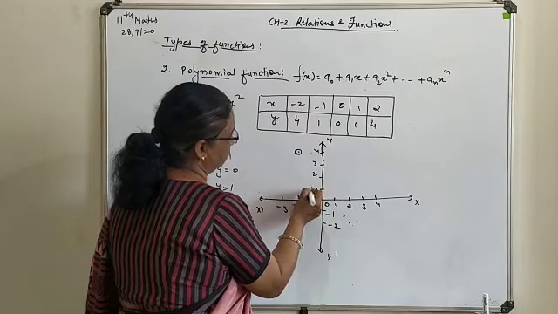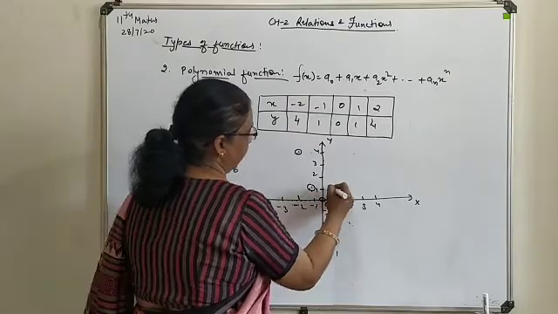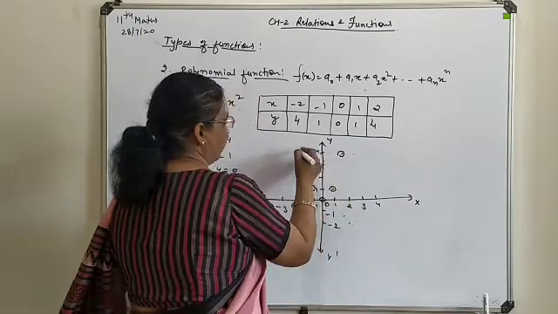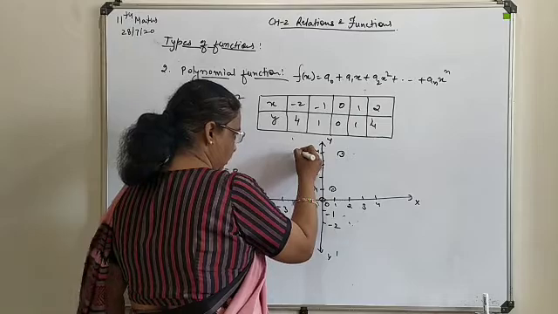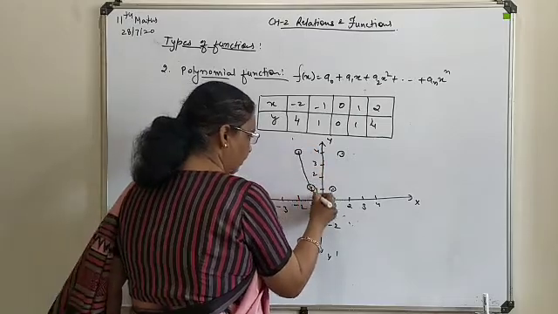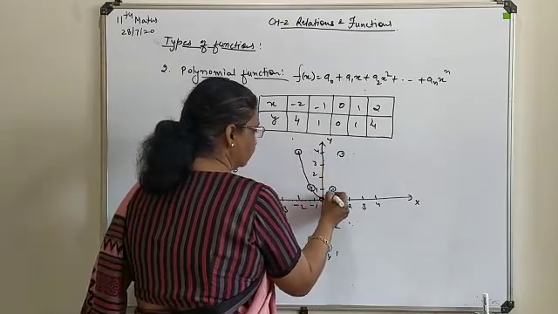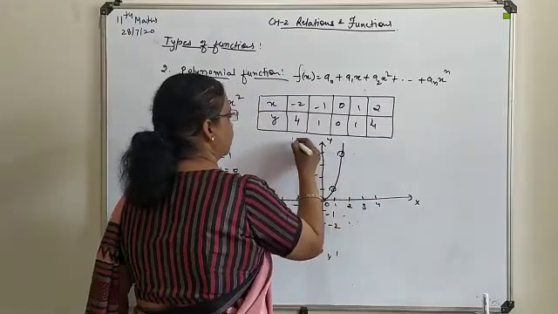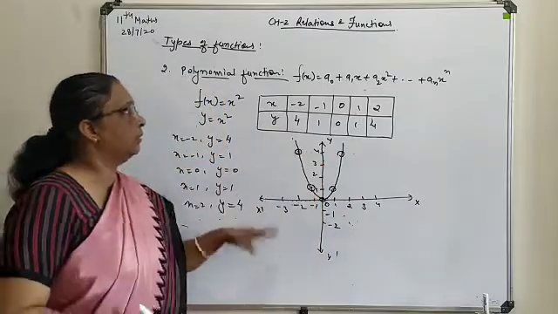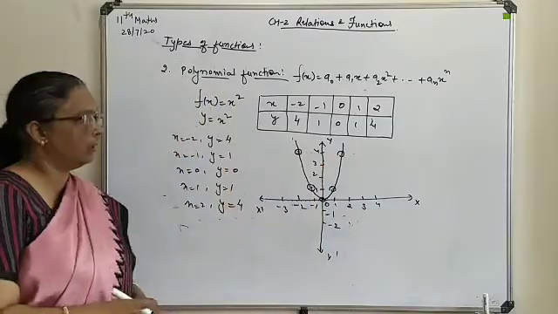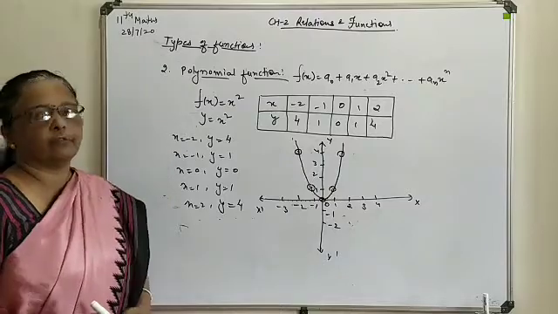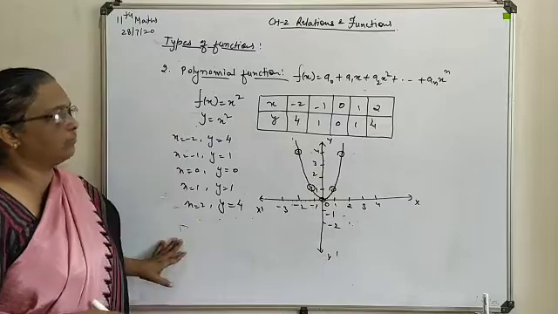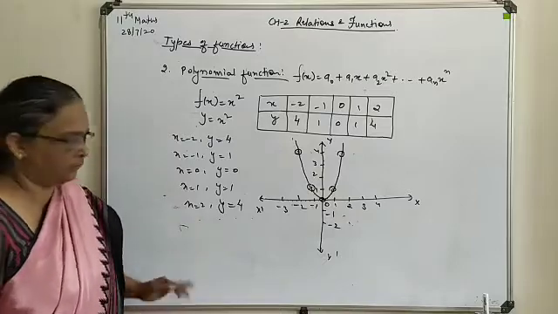Here you will come. At 0, you are at 0. Again at +1, you are here. Again at 2, you are here. If you join them, you will have this curve passing through this region. It can be extended up to 4. So this way, these polynomial functions can be represented. Different combinations will give you different types of curves or different forms. Such types of functions are considered polynomial functions.